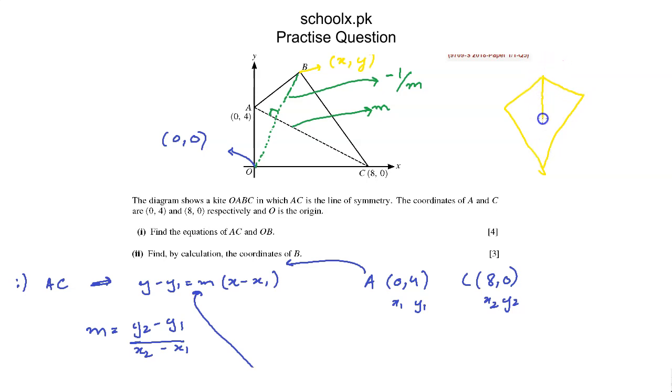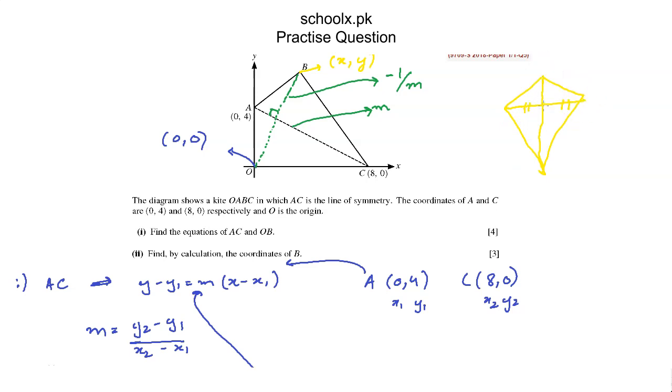This line, which goes from the head of the kite to the tail of the kite, intersects the line which goes from the left of the kite to the right of the kite exactly at its center. For example, this length will be equal to this length. This line divides the other line into two equal halves.